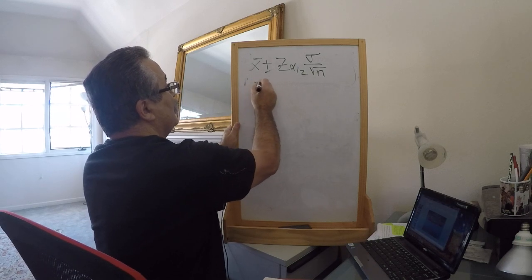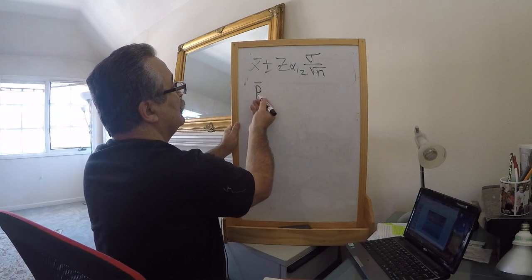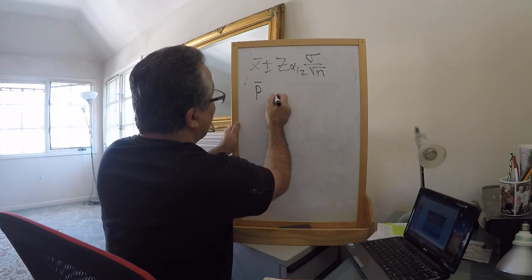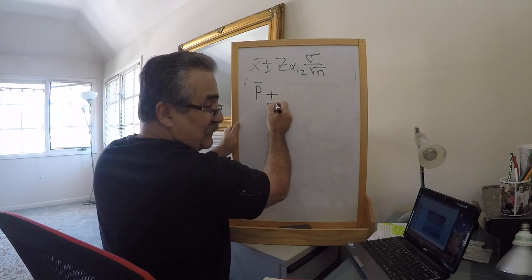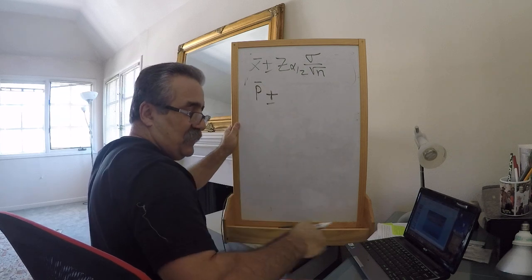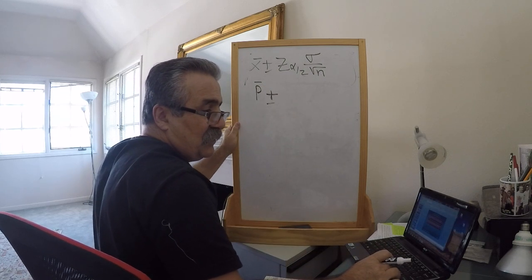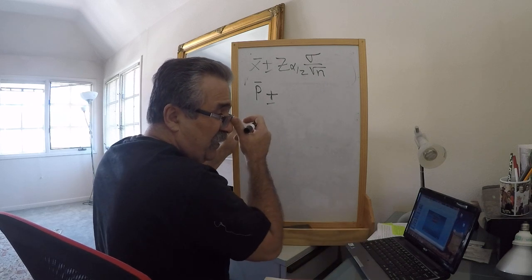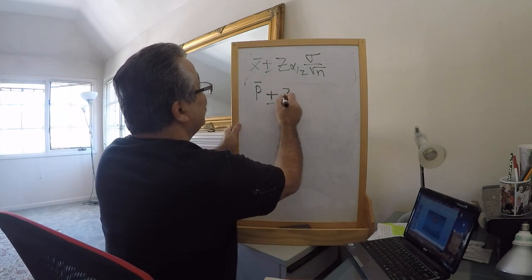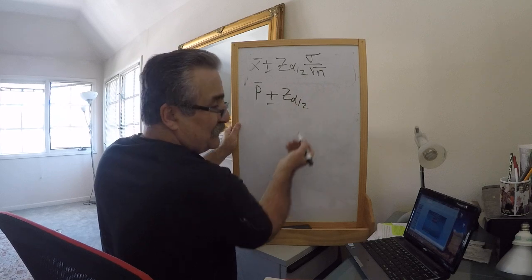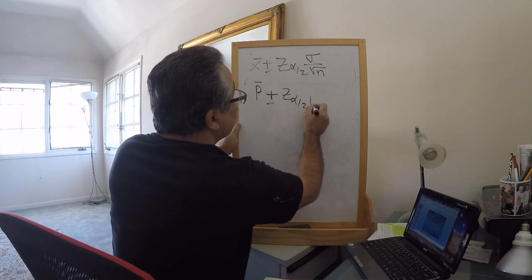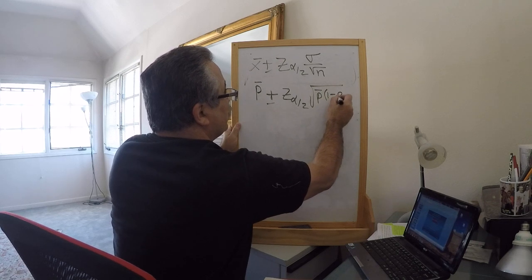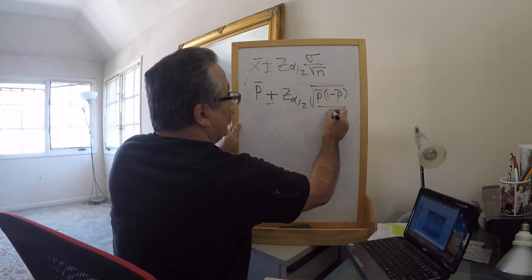We say population proportion, plus or minus the margin of error for the population proportion, which is going to be Z sub alpha over 2 times the square root of P bar times 1 minus P bar divided by n.